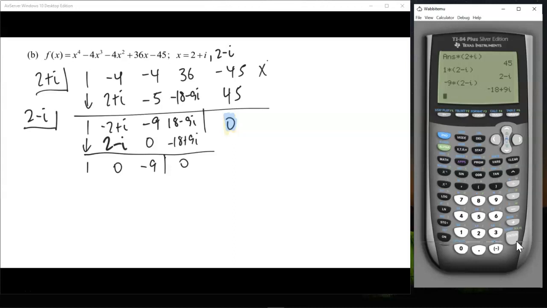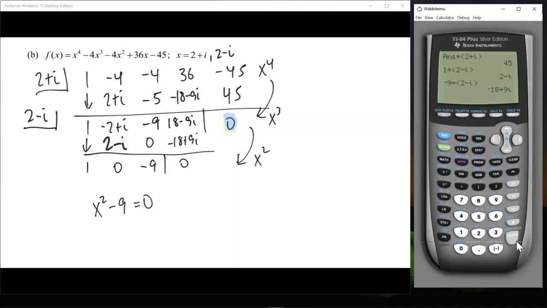Now, we started with x to the 4th. When we synthetic divided by the first imaginary 0, that got us down to x cubed, and then when we synthetic divided by the conjugate, we got down to x squared. And so therefore this last line says x squared plus 0x, which I don't really need to write, minus 9 is equal to 0.